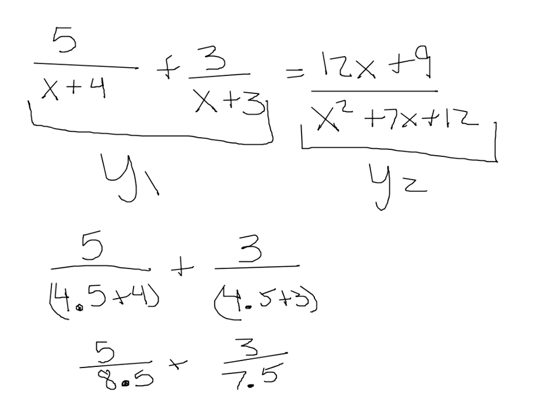I'm just going to flip over here real quick. 5 divided by 8.5 plus 3 divided by 7.5. So I'm going to convert that to a fraction. And I get 84 over 85. Okay.